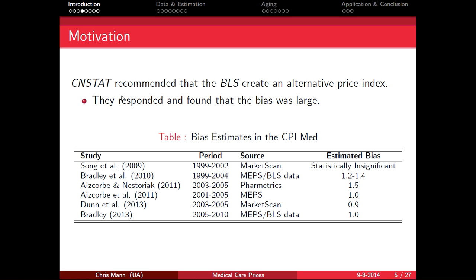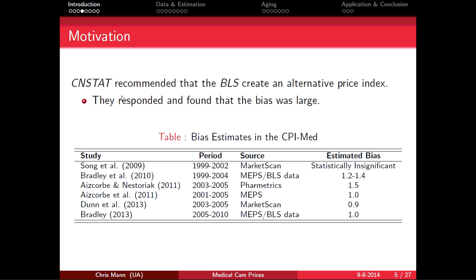And so all of these papers that did that, starting from Bradley et al. in 2010 all the way down to Bradley in 2013, or a recent working paper by Dunn in 2014, found that the CPI was biased by about 1%, right?